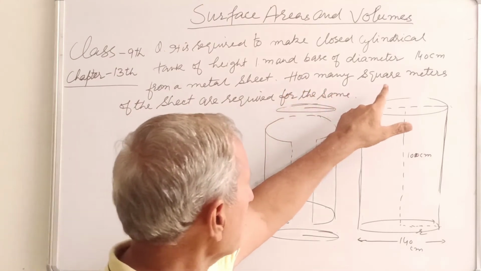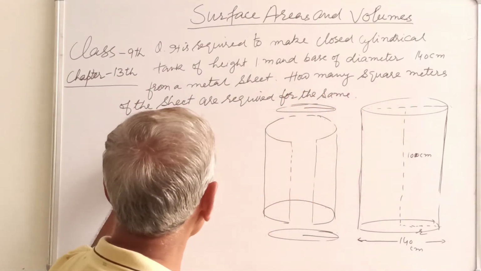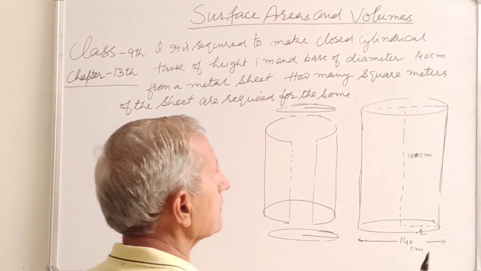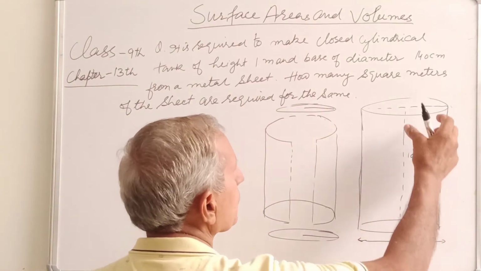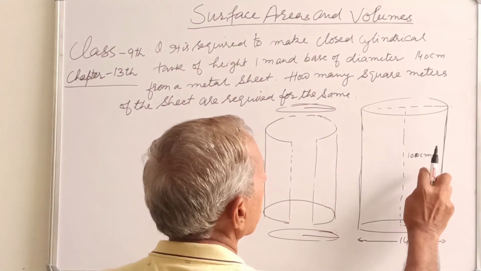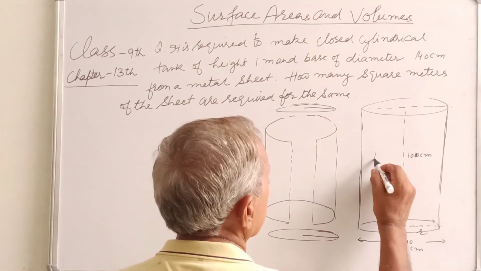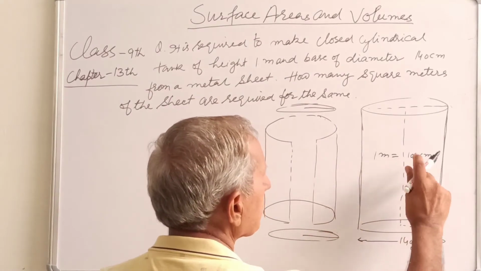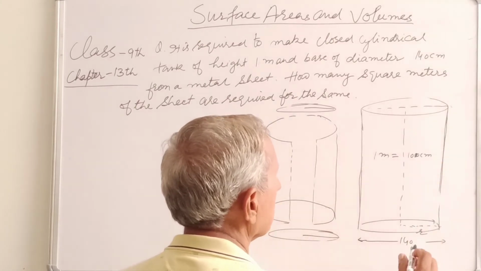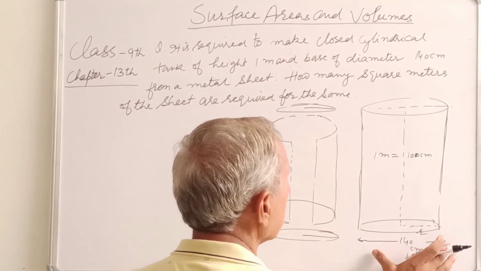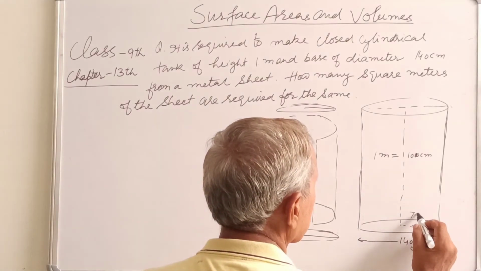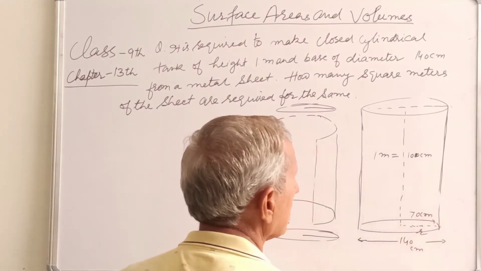How many square meters of the sheet are required for the same? So this type of cylinder is closed on both sides, of height 1 meter. 1 meter is equal to 100 centimeter, that is the height, and the diameter is 140 centimeter. The radius will be 70 centimeters.